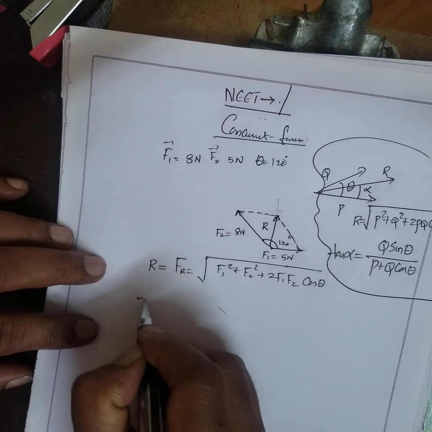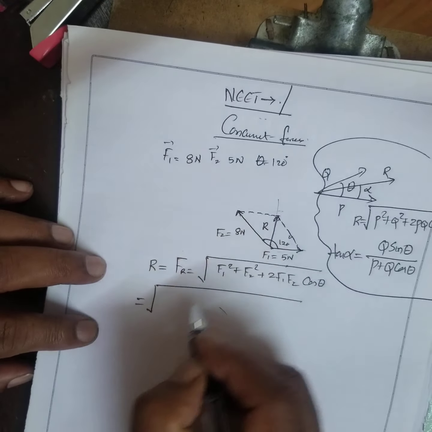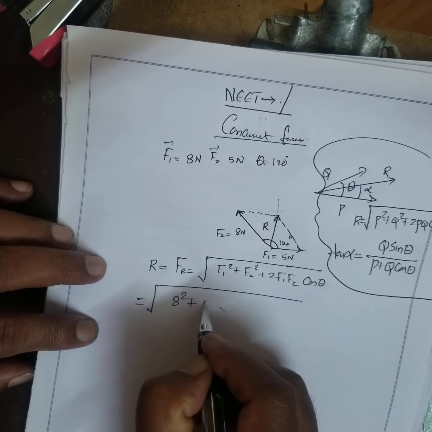Therefore, resultant force is equal to square root of 8 square plus 5 square plus 2 into 8 into 5 cos 120. That boy is stuck with cos 120 because for NEET he has not learned the trigonometry and all that.